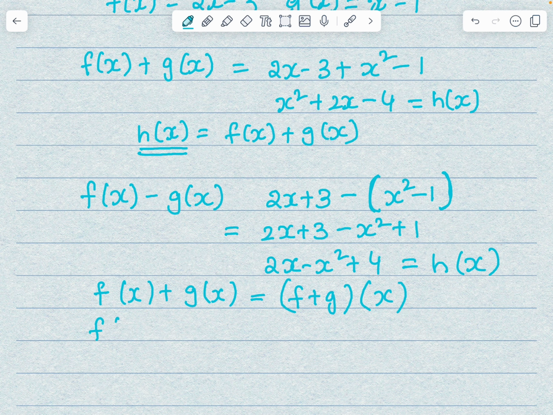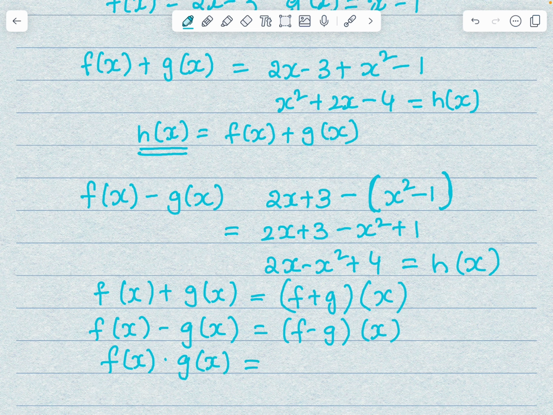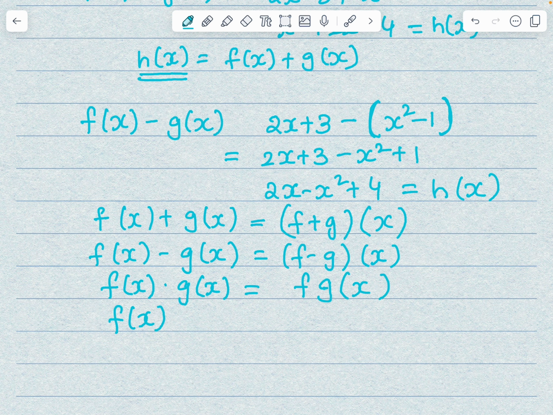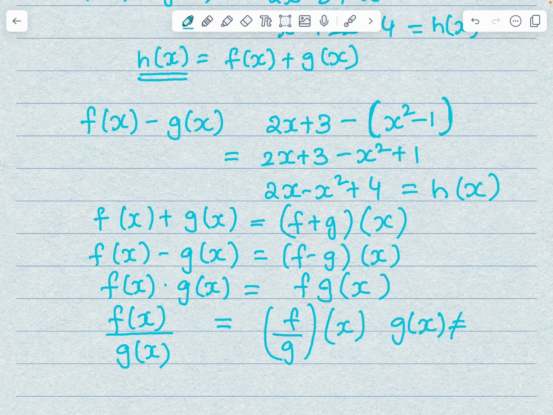Same thing for subtraction, f minus g of x, and f of x times g of x is f g of x, and f of x divided by g of x is f over g of x, and of course g of x should not be 0 because you cannot have division by 0.